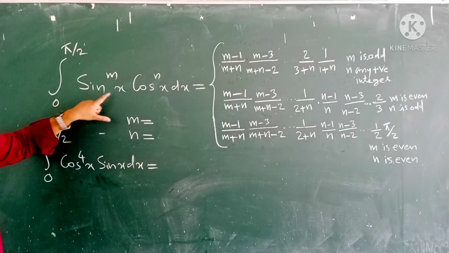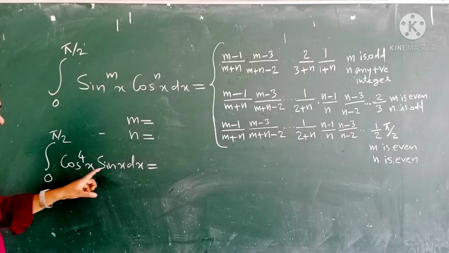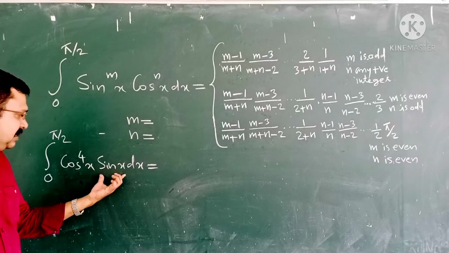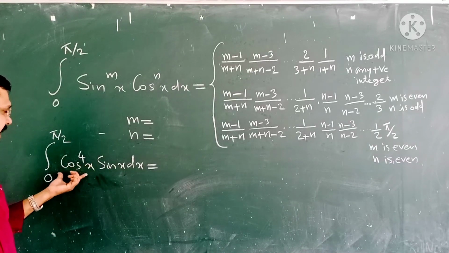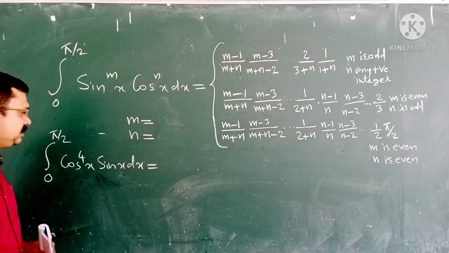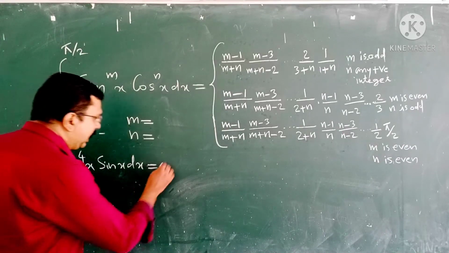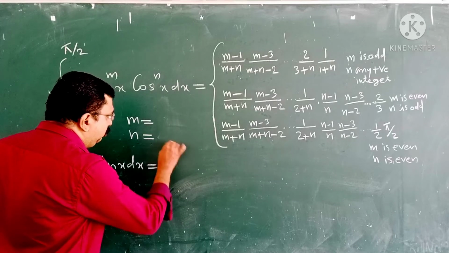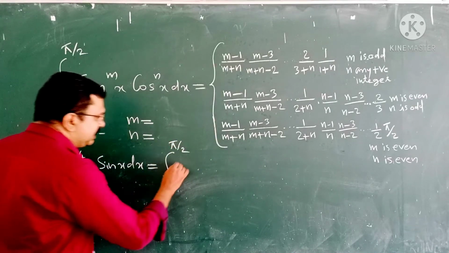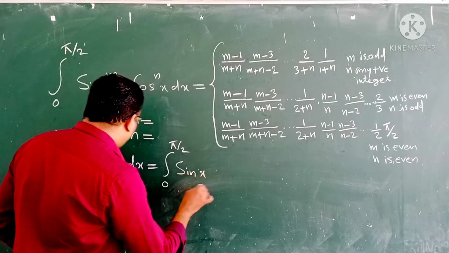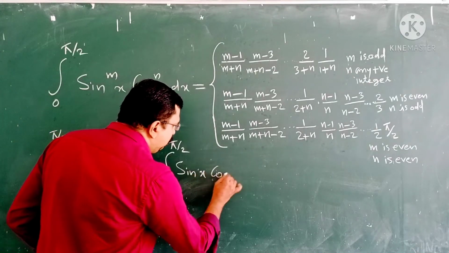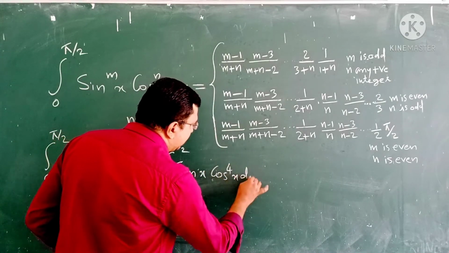Here we are starting with the sin, but here is cos. Therefore we may take the first term as sin x and the second term as cos to the power 4x. Therefore this equation can be written as the integral from 0 to pi by 2 of sin x into cos to the power 4x dx.